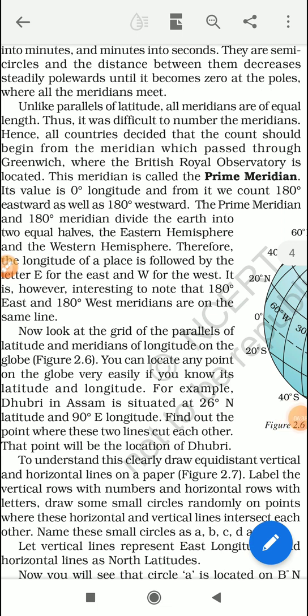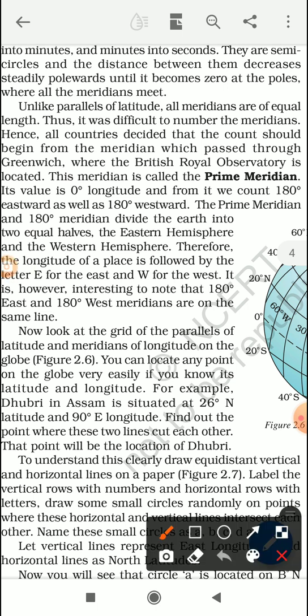It was very difficult to give them numbers. Hence, what all the countries decided to do was they decided that the count should begin from the meridian which passed through Greenwich. Greenwich is a place in Britain where the British Royal Observatory is located. This meridian is called the prime meridian.